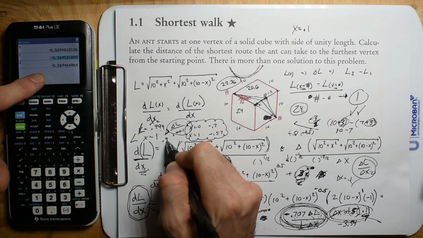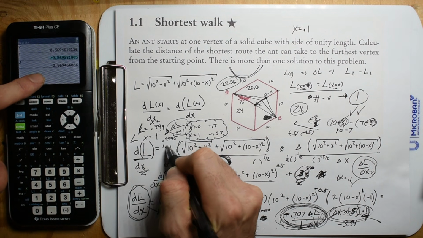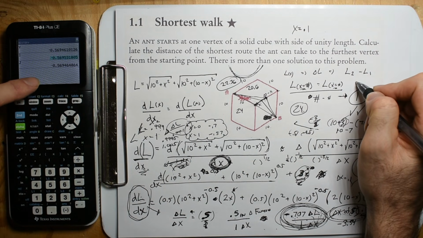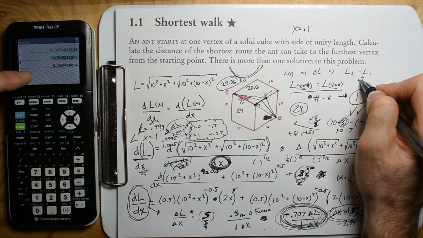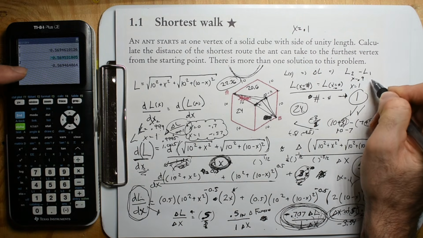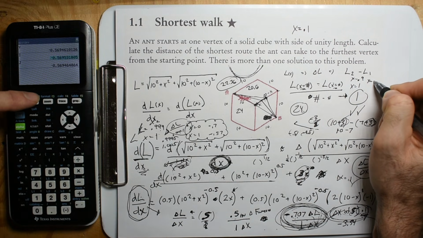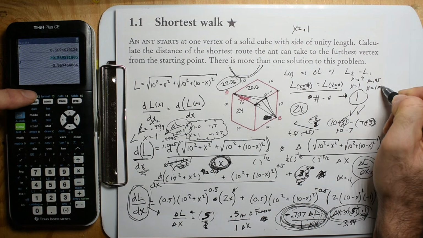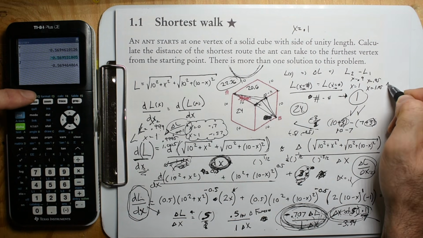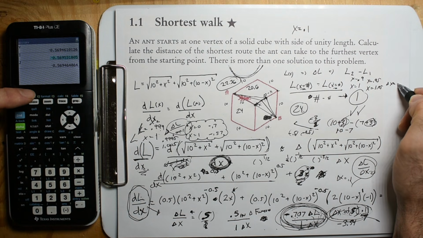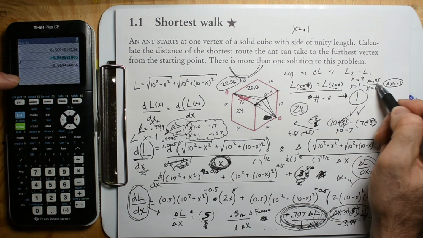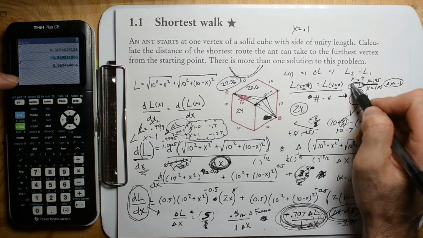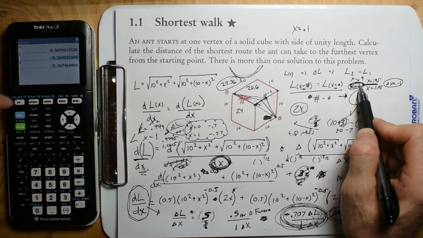But then we chose to take 0.9995 and 1.005. And that's the same thing. If you're going to estimate something between x is 0.9 and x is equal to 1, you might as well do x is equal to 0.95 and x is equal to 1.05. Your change in x is still going to be 0.1, but you're going to hone in on the actual derivative at x is equal to 1.